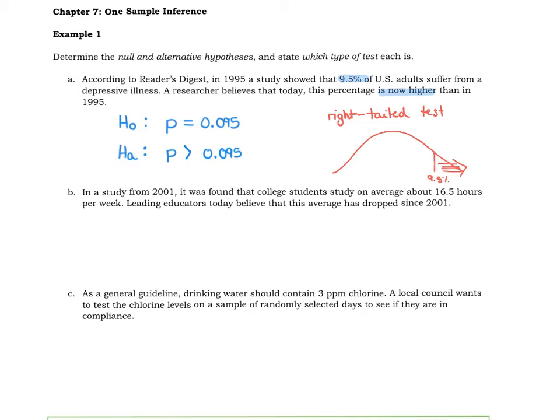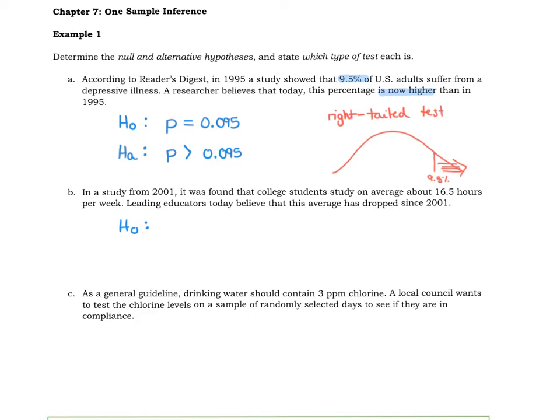All right, moving on to question B. In 2001, a study found college students study on average about 16.5 hours a week. Leading educators today believe that this average has dropped since 2001. So what is our null hypothesis? What is the value that is currently believed to be true?